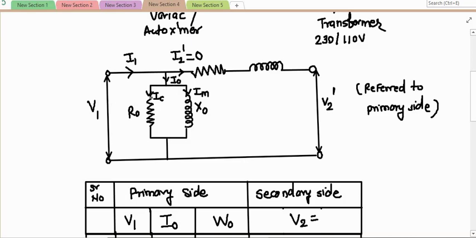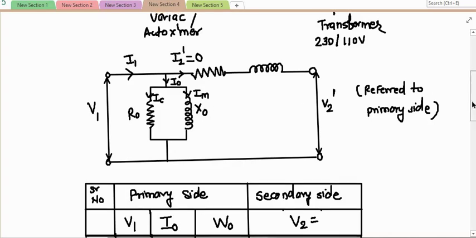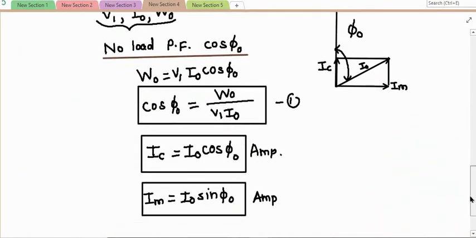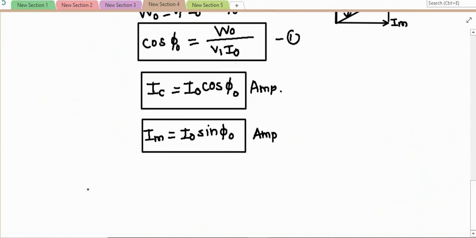So V1 divided by Ic, I can find out R0. Similarly, the voltage across X0 is nothing but V1. So V1 divided by Im will give me the X0. So from the OC test, we can determine the parameters of the shunt circuit, right?